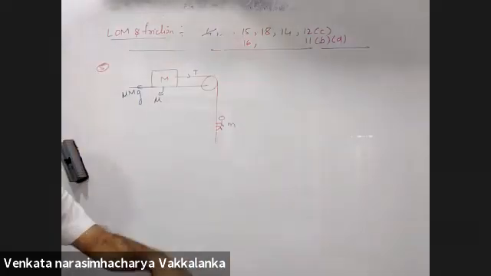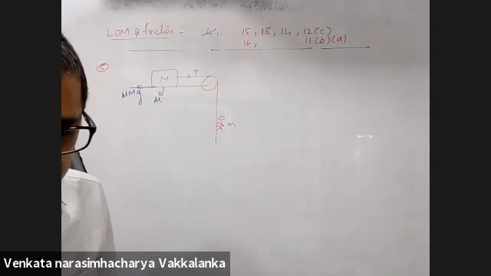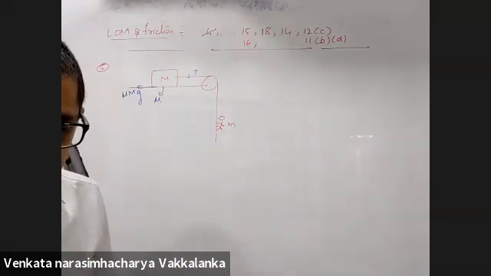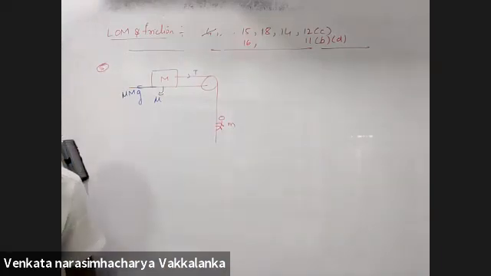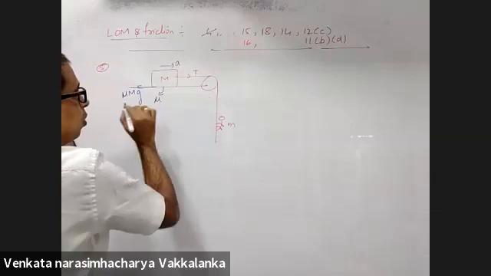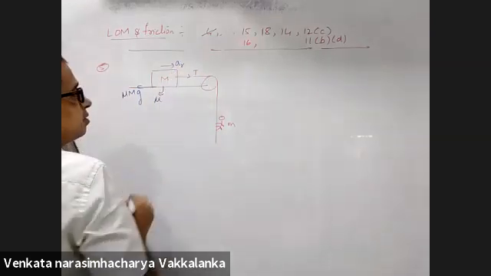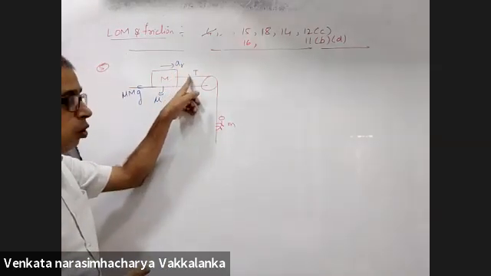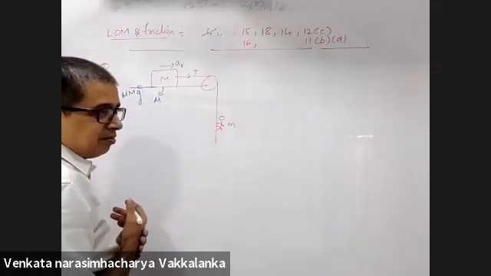Monkey moves downwards with respect to the rope with an acceleration of b. Acceleration of the weight, I will call it small a r. Why? The weight and the rope will have the same acceleration.